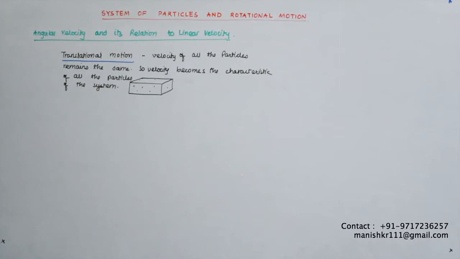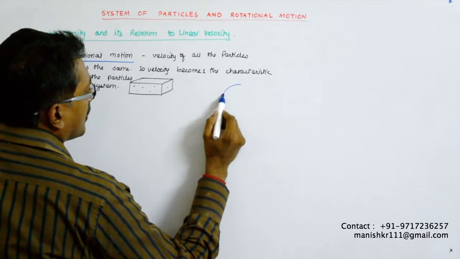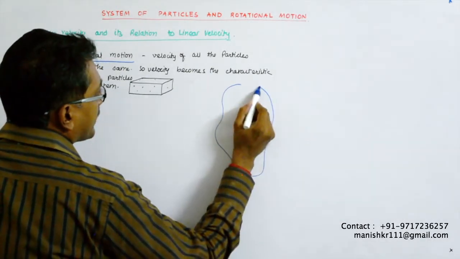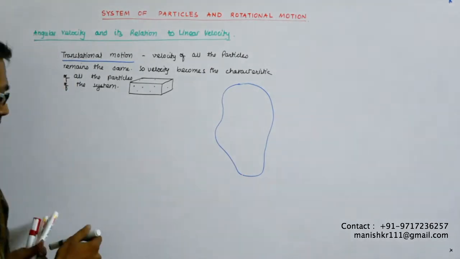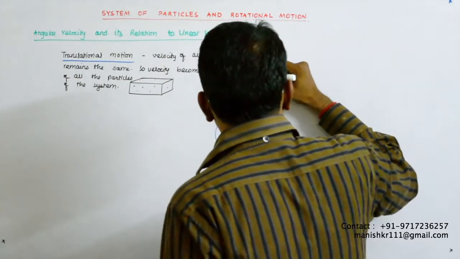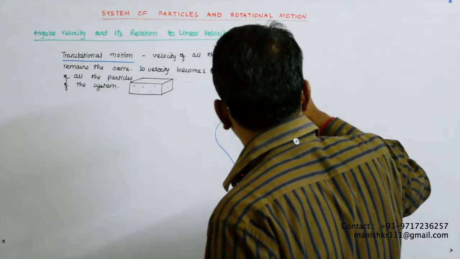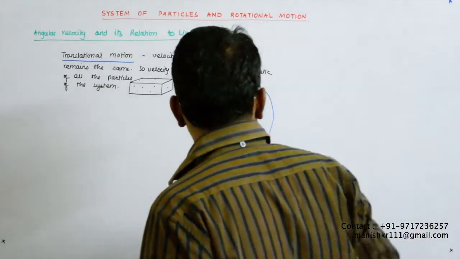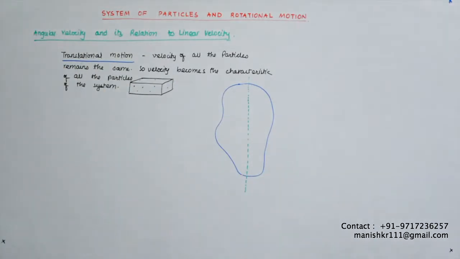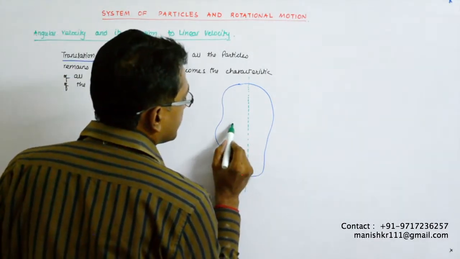Now, let us say we have a rigid body like this, which has a fixed axis, shown by this green dotted line. Now let us pick up a particle, say, here.